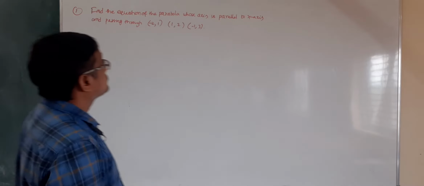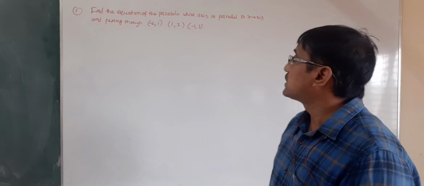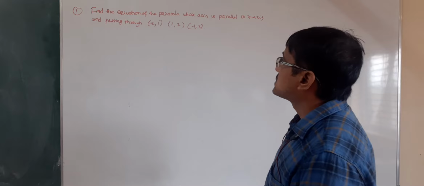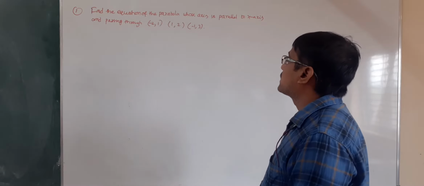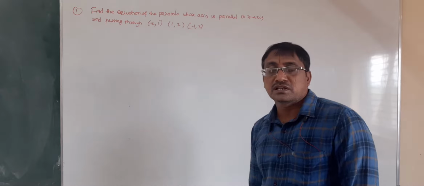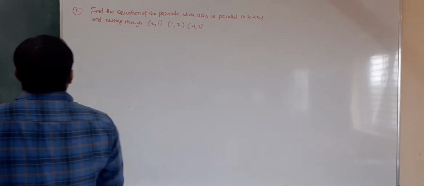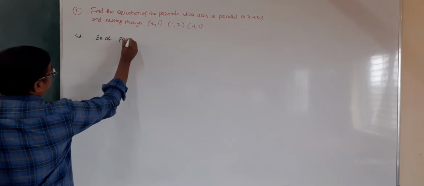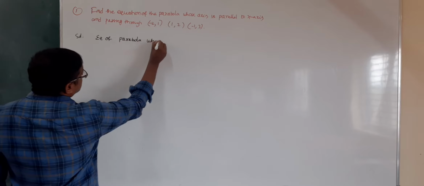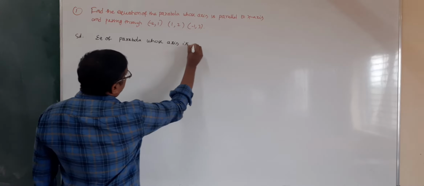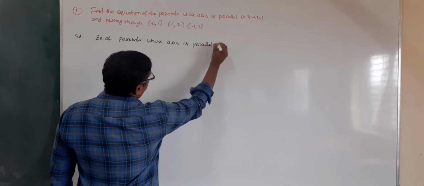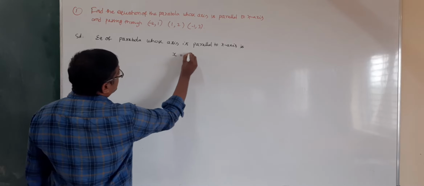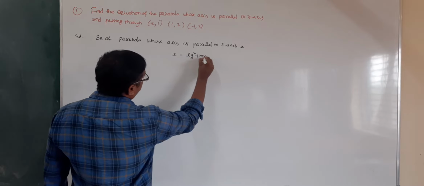Next problem. Find the equation of parabola whose axis is parallel to x-axis and passing through the points (minus 2, 1), (1, 2), (minus 1, 3). The equation of parabola whose axis is parallel to x-axis is given by x is equal to Ly square plus my plus n.